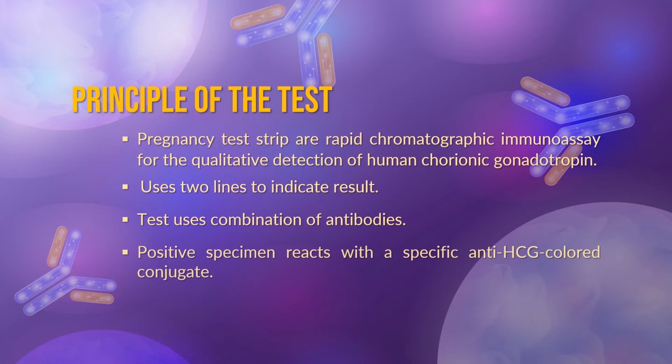Positive specimens react with the specific antibody hCG colored conjugate to form a colored line at the test line region of the membrane. Absence of this colored line suggests a negative result. To serve as a procedural control, a colored line will always appear in the control line region, indicating that proper volume of specimen has been added and membrane wicking has occurred.